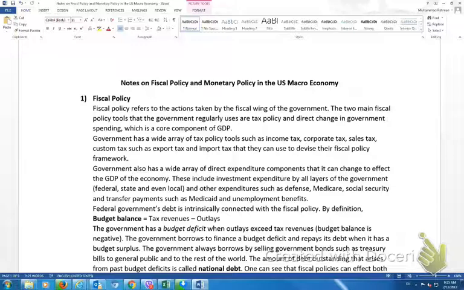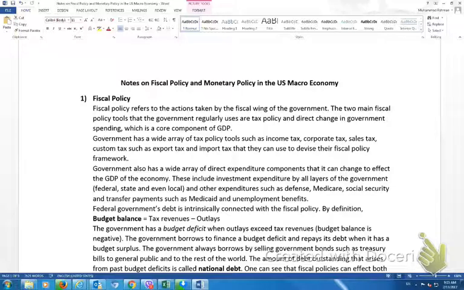Now, in addition to the so-called investment expenditures, the government also has other critically important expenditures that it carries out, like the defense expenditures, Medicare, Social Security. These are major components of the yearly government expenditures that we see in the budget.